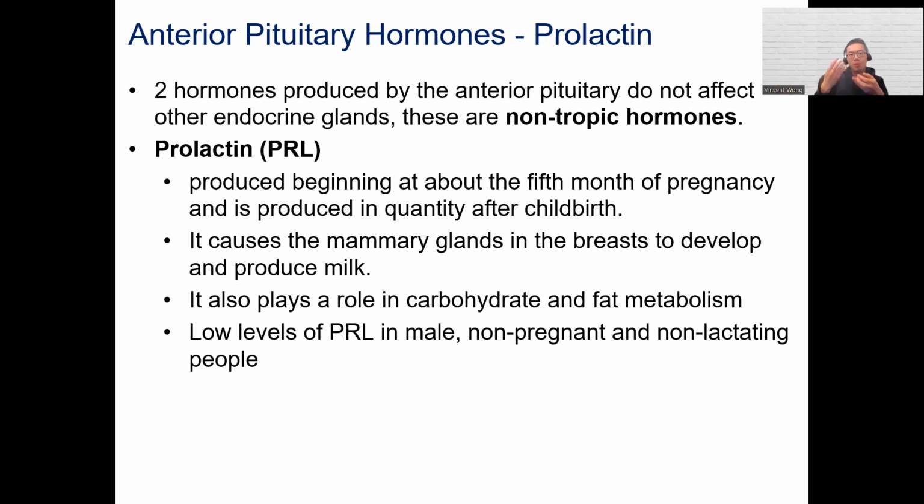There's more fat content in it later on compared to the beginning, when the baby is fresh out of the womb. So the nutrient needs are different as the baby grows, and your body adapts to that and changes how metabolism is working in the body, and it changes the contents of the milk.